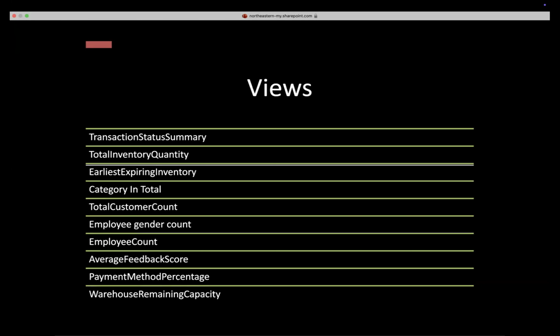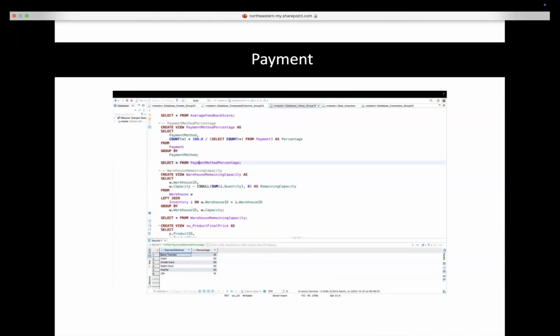And right here, let's go through the views. We have a lot of views here, but due to the time limit, we just picked some interesting ones to explain. So we have the payment view, which shows the number of different payment methods.